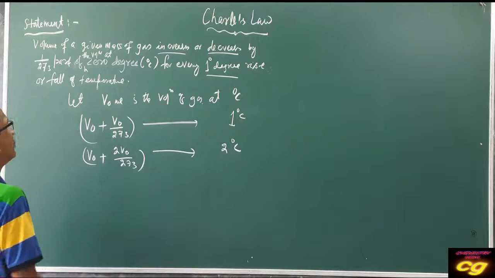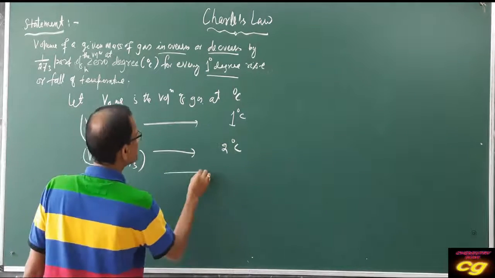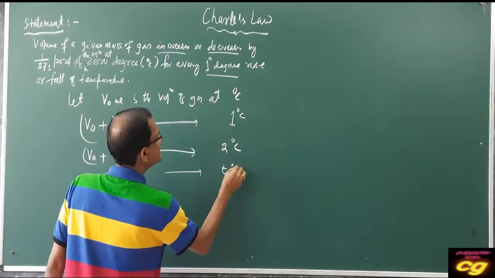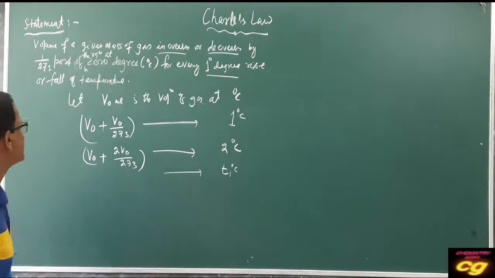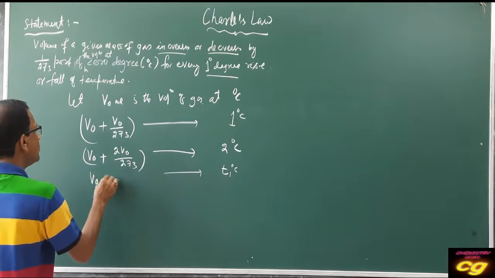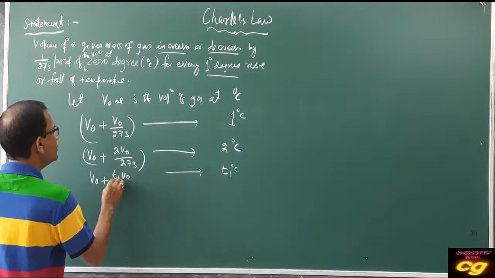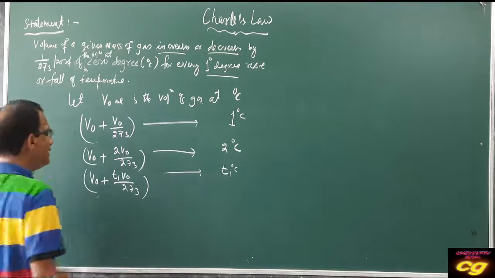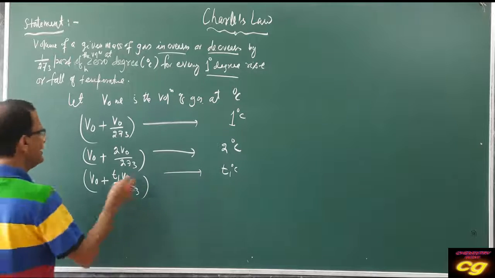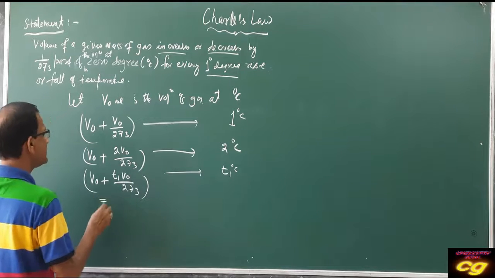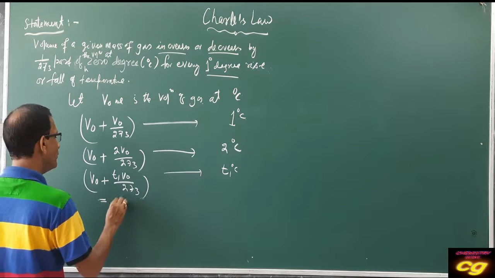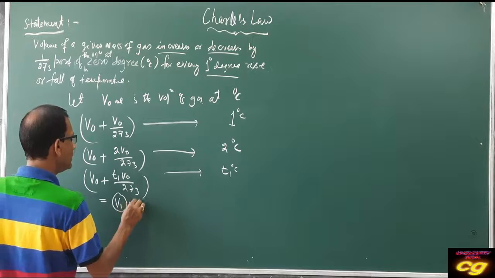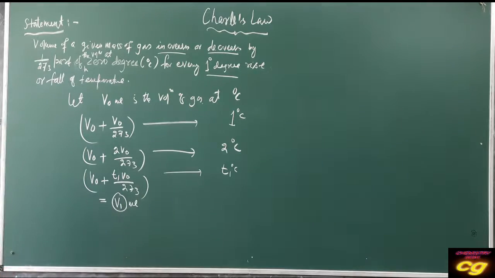So let the temperature be T1 degree Celsius. At T1 degree Celsius, the volume will be V0 plus T1 V0/273. This volume we take as V1 ml.